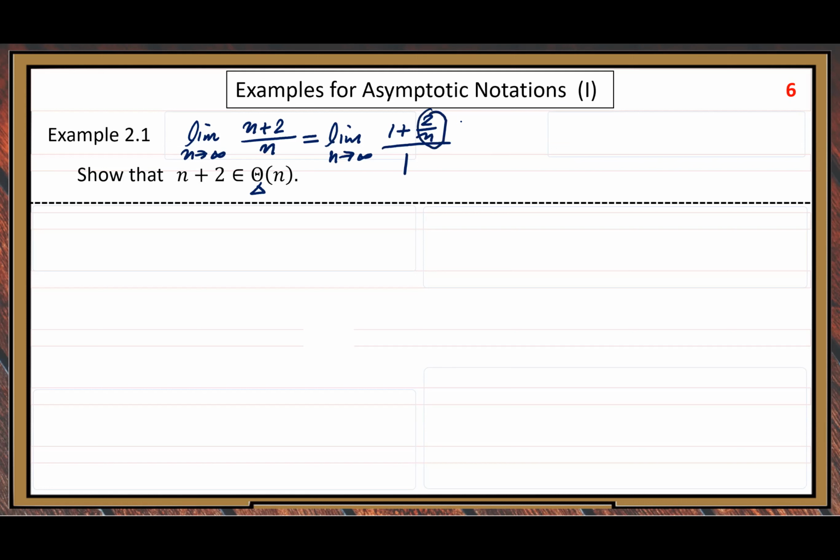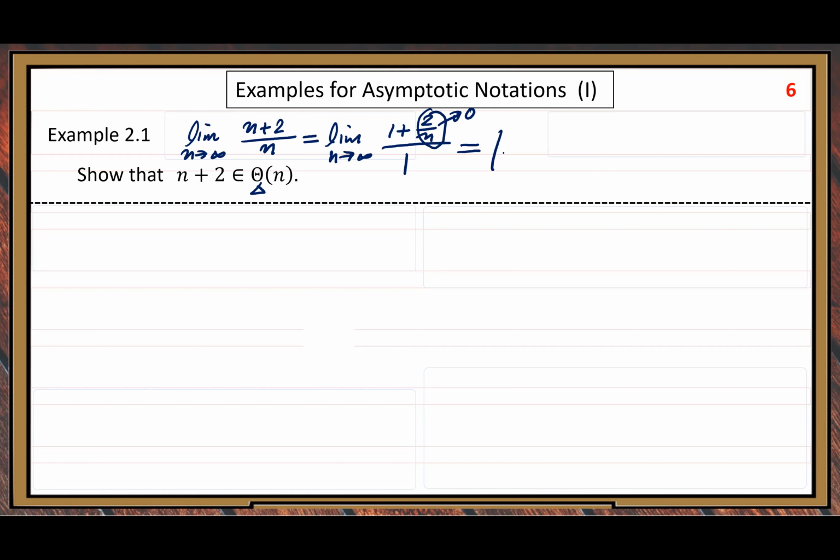When n goes to infinity, 2 over n approaches 0. So 1 plus 0 over 1, that's 1.